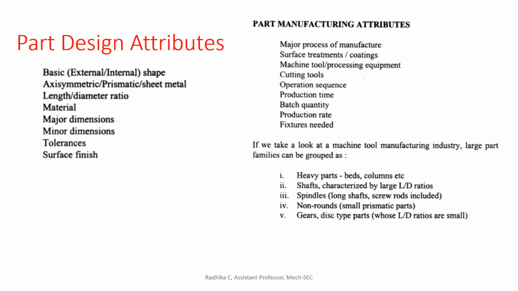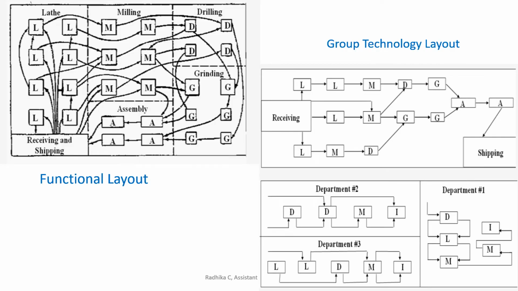From the manufacturing point of view, group technology can bring considerable economy in tooling, setup time, part changeover times, and machine specifications. The classification of components in groups can lead to the formation of cells where similar components are machined. Here is an example of group technology layout. The left-hand side is a functional layout which includes lathe, milling, drilling, grinding, assembly, and receiving and shipping processes.